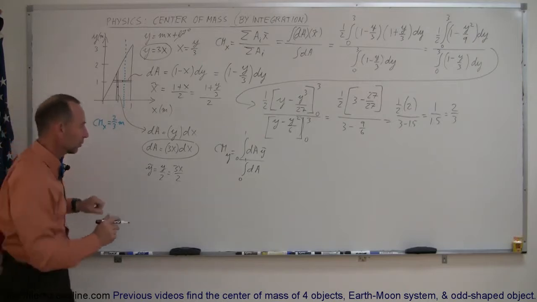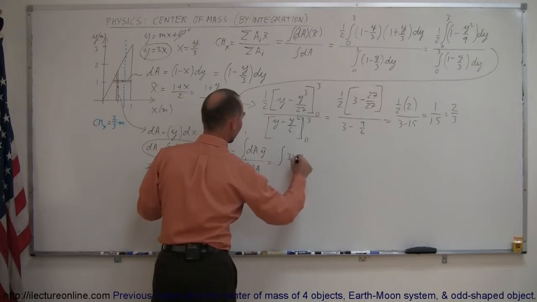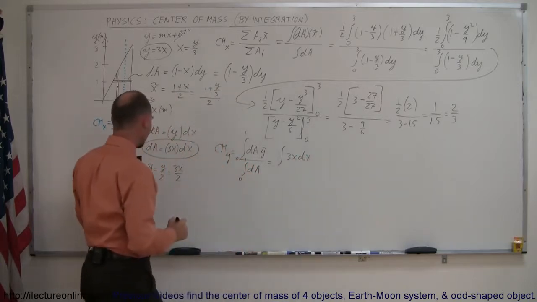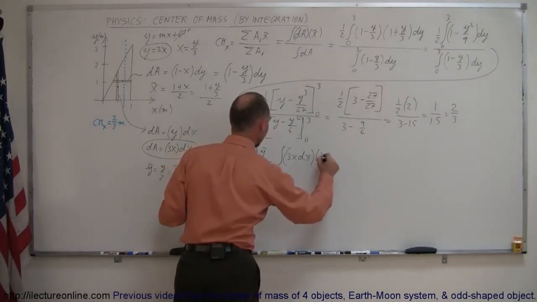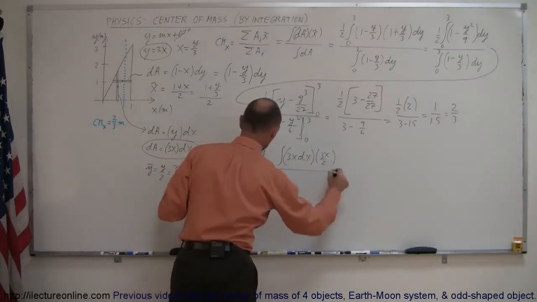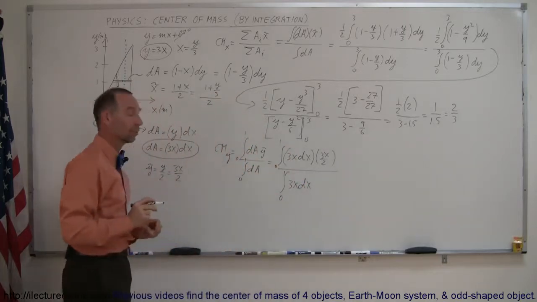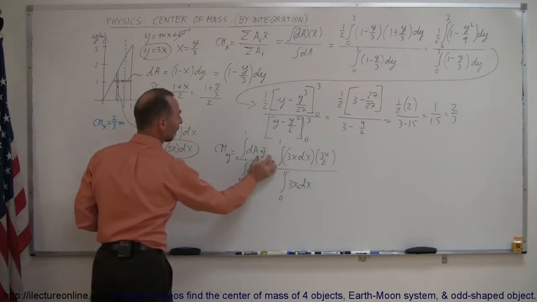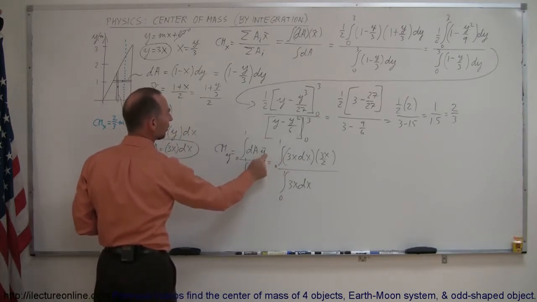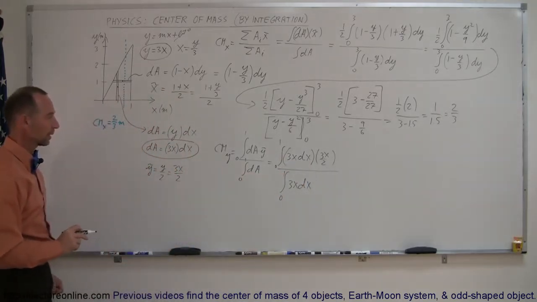Now plugging in what these are equal to, this is equal to the integral of my dA, which is 3x dx, multiplied times my y tilde, which is 3x over 2, and I divide the whole thing by the integral of 3x dx, with x from 0 to 1. Okay, so what I've done now is I've put in my little area element, 3x dx, and my y tilde, the y-coordinate of the center mass in terms of x, 3x over 2.